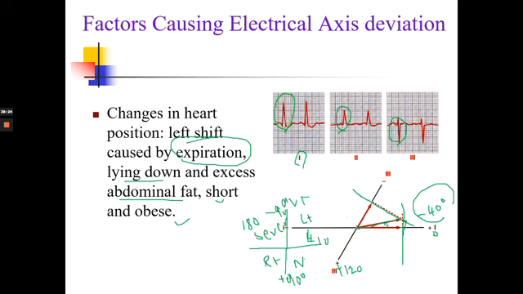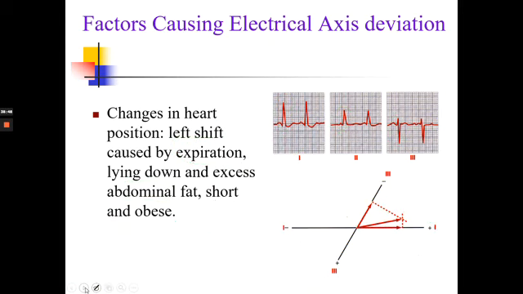But this could be within the normal range. We said the normal axis is between minus 30 to plus 110. So this should be within the normal limits, but it is causing some kind of left axis deviation.